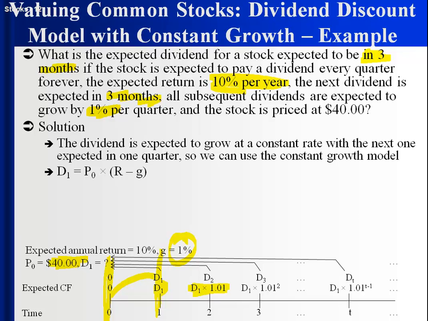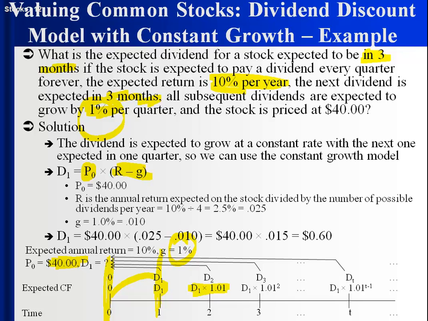Do a little bit of algebra, and we have an expression for D1. It's the current price, which is 40, times R minus G, which is 1% per quarter and 2.5% per quarter. So therefore, 40 times R minus G is equal to $40 times 1.5 cents, or 0.015. The dividend that's expected in 1 period is 60 cents.